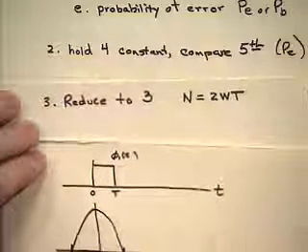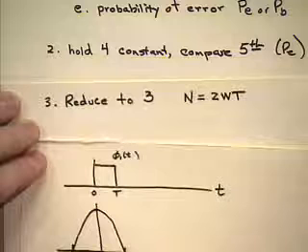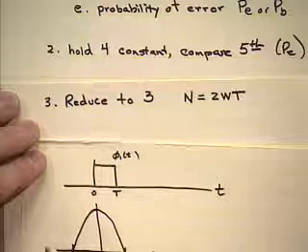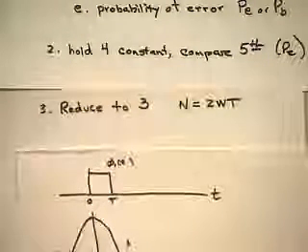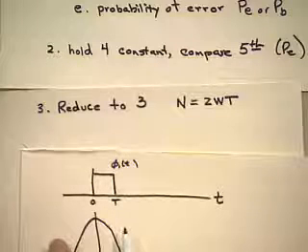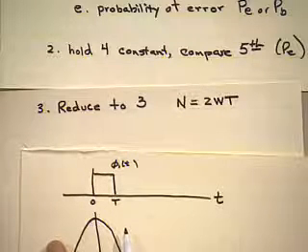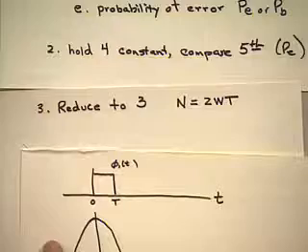Just trust me if you do the sinc function calculation correctly, and in fact, it's going to bounce around. So the bandwidth of this system is basically about 1 over T.